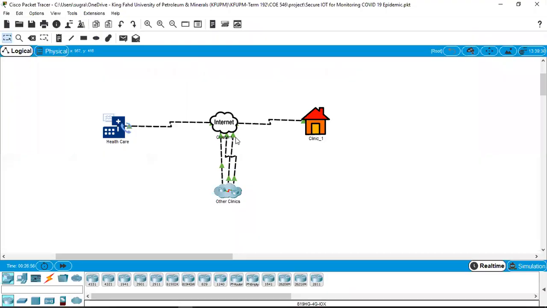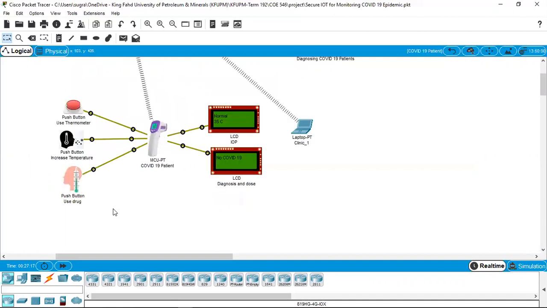So this is our general topology, and this is the clinic, and there are many clinics distributed in the city, and this is the healthcare center for processing the data and providing medical services. Inside the clinic the diagnosing will be done.